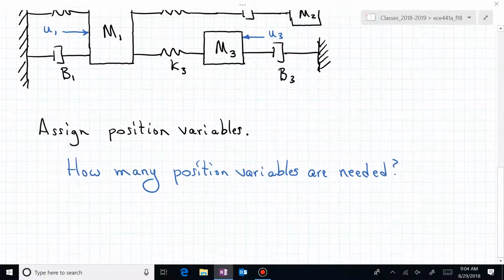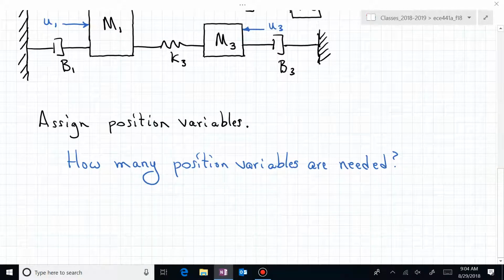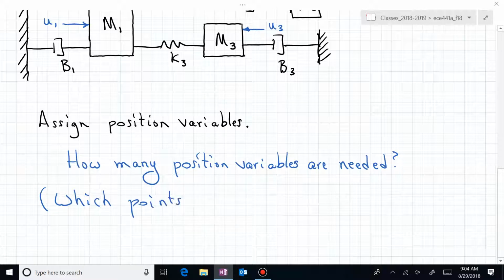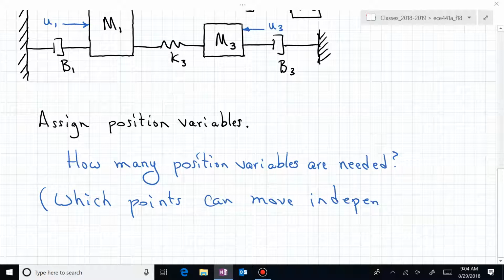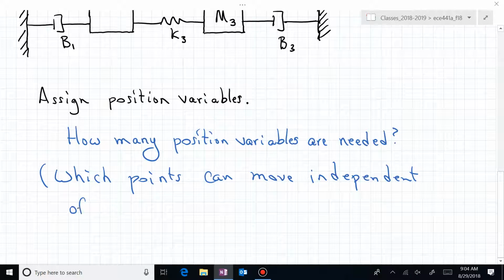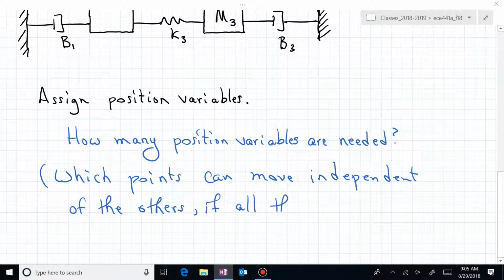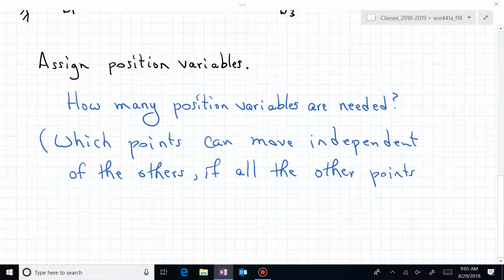So my question is, which points in this system can move independent of the other points if all the other points are held fixed or are clamped down.